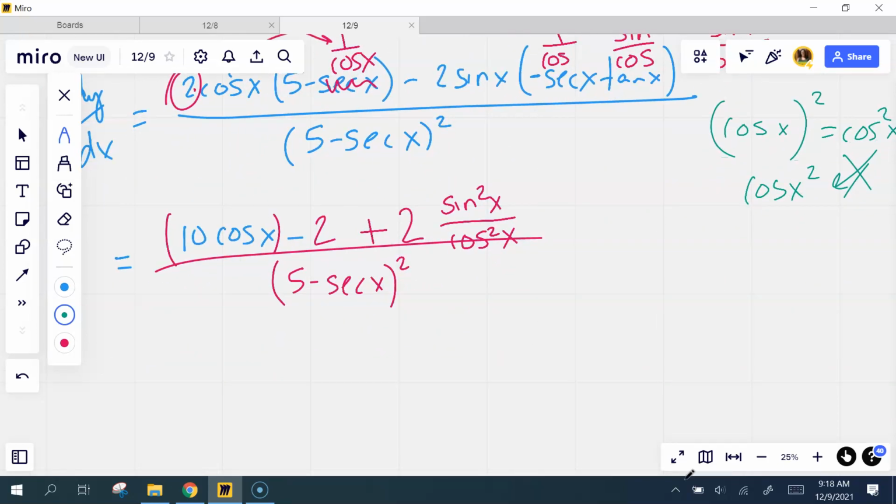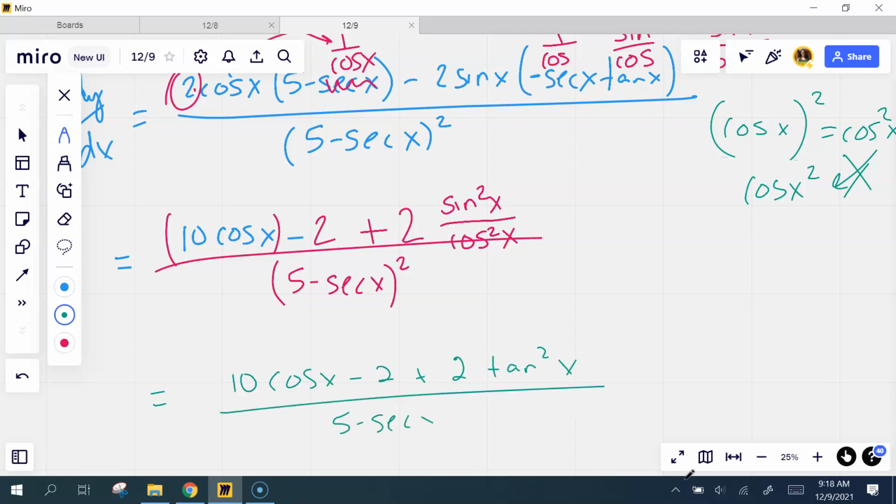All right, let's see what we got. 10 cosine x minus 2 plus 2 tangent squared x. Yeah, on the bottom you don't do that. A lot of times you don't, because in general, completely factored is as simple as you get.